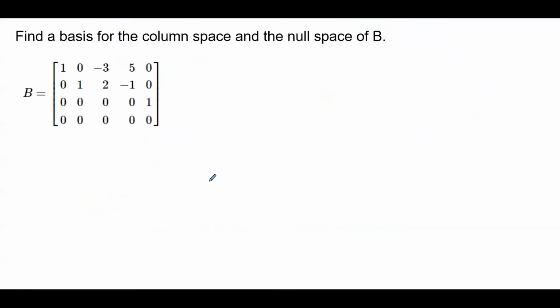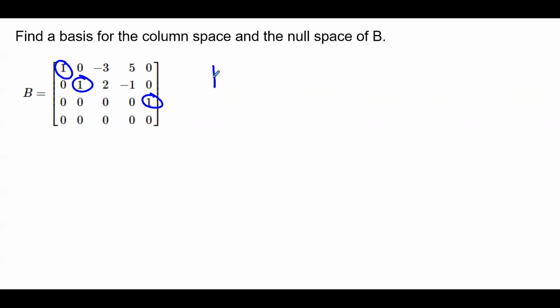So let's do this again. This matrix is already row reduced. My pivot columns are the first, second, and fifth columns.